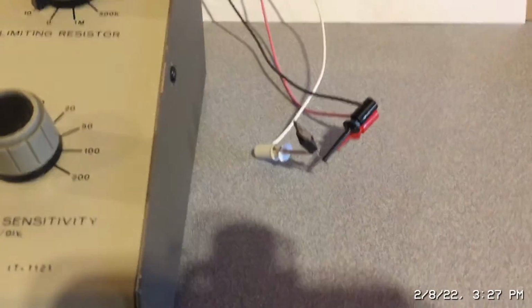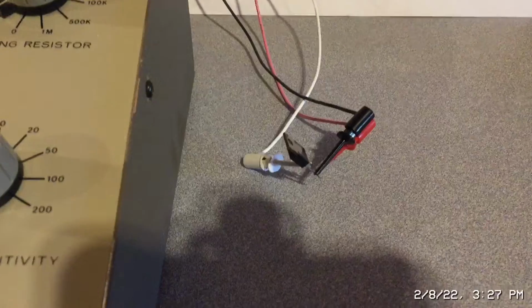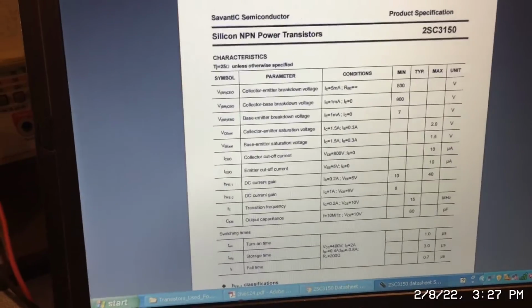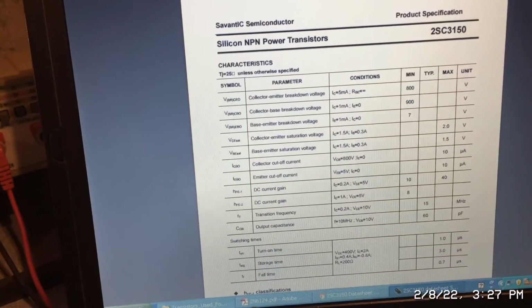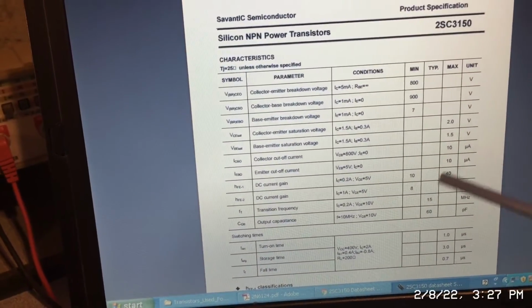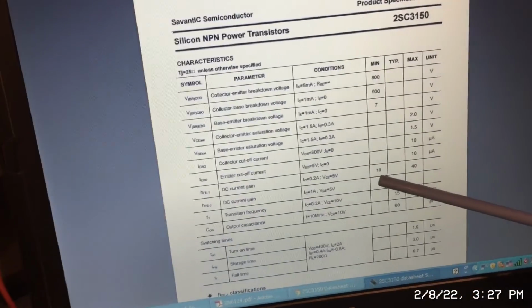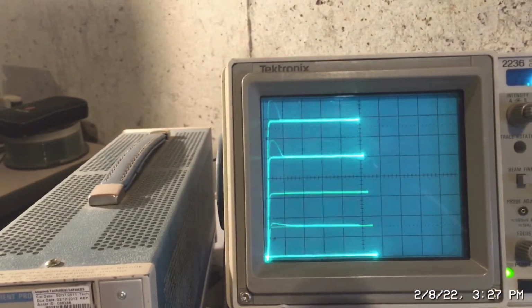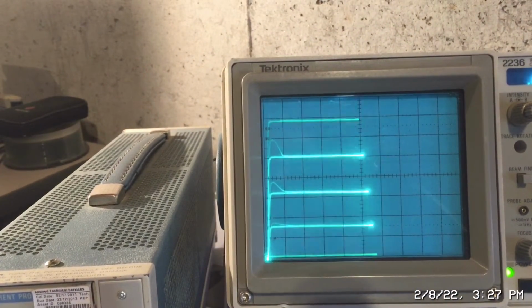Okay, I'm testing the transistor with a set of leads. And if we go over to the specification and we look at the gain, we would see the gain is going to be somewhere between 10 and 40. So let's go back to the display here and see what we actually measure.